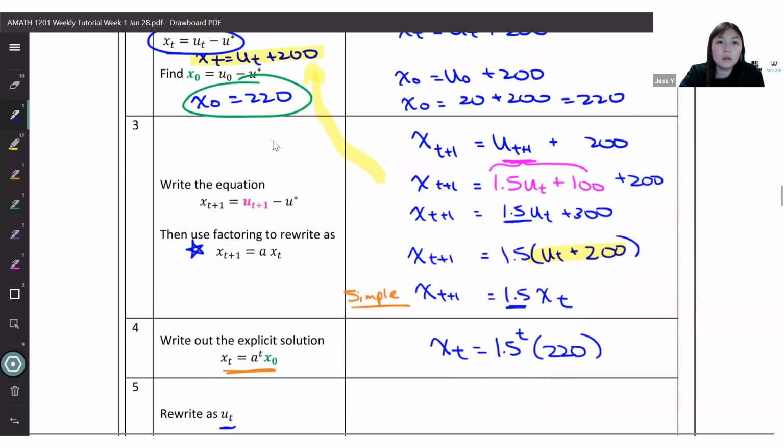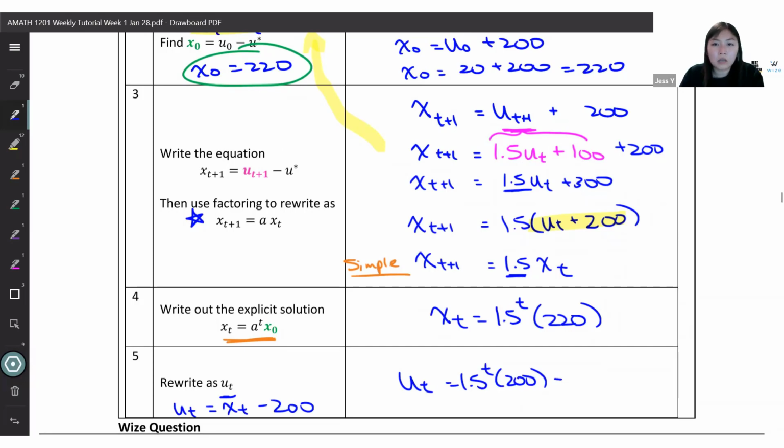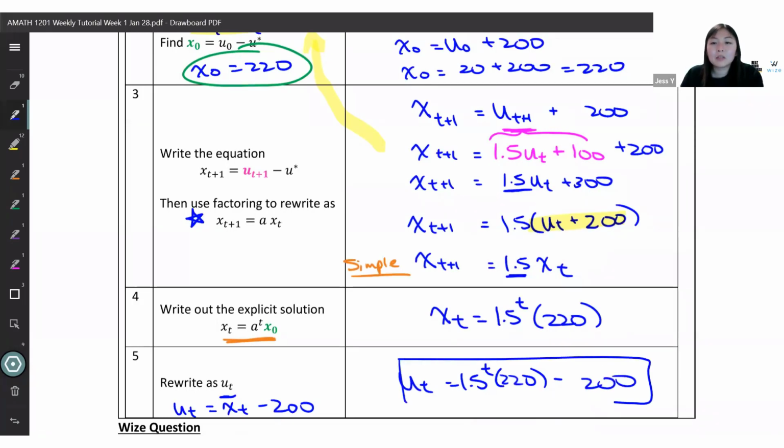So if we wanted to rewrite it as u sub t, I'm going to subtract 200 from both sides, so it's x sub t minus 200. So our u sub t, finally, our explicit solution is 1.5 to the t times 220, minus 200.